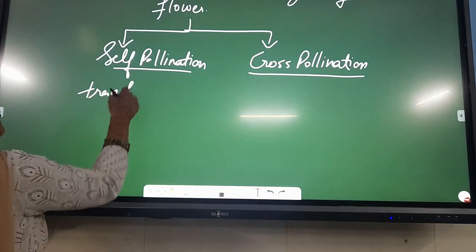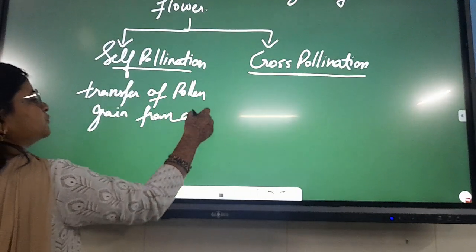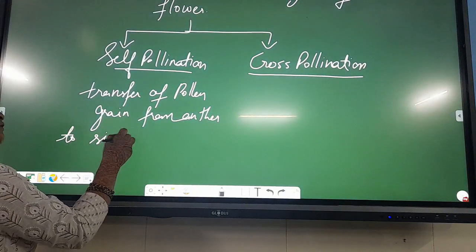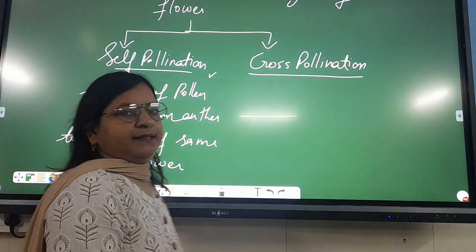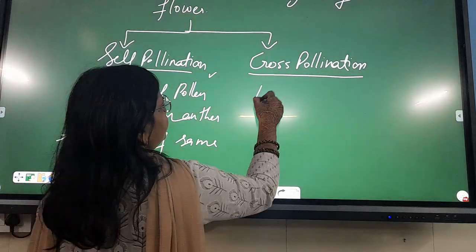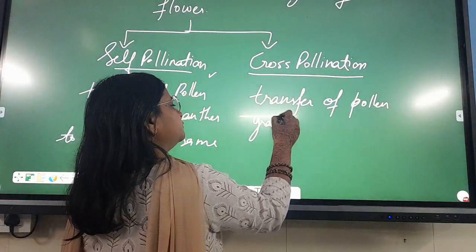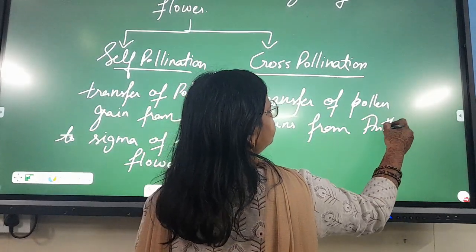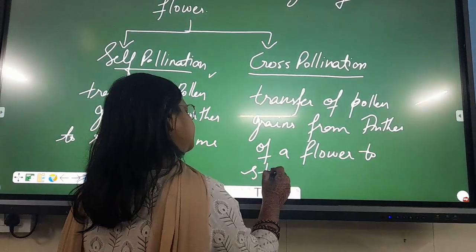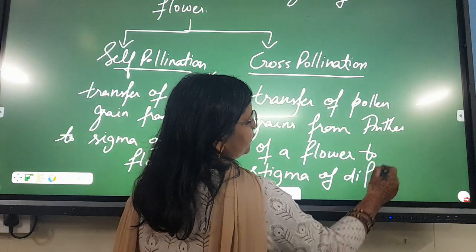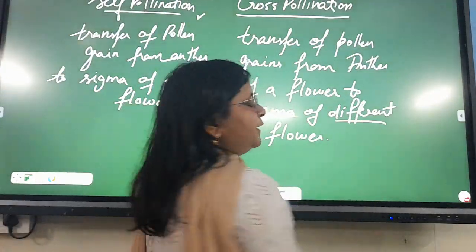So the transfer of pollen grain from the anther to the stigma of the same flower is called self-pollination, while if it occurs between different flowers, then it is called cross-pollination. Here the flower is different.